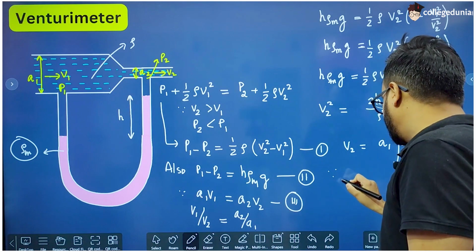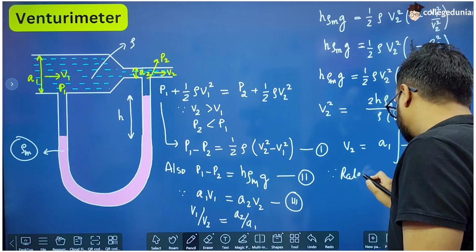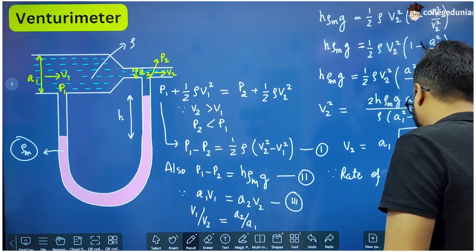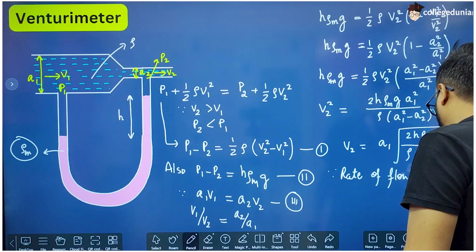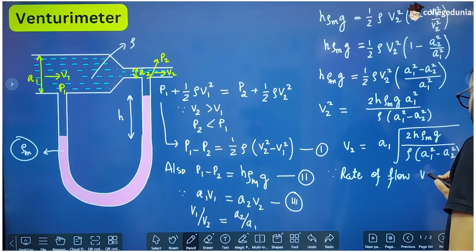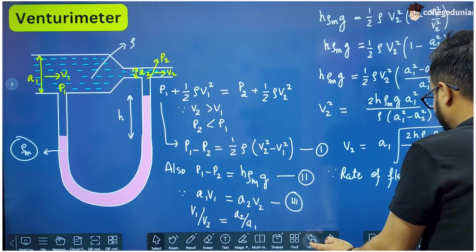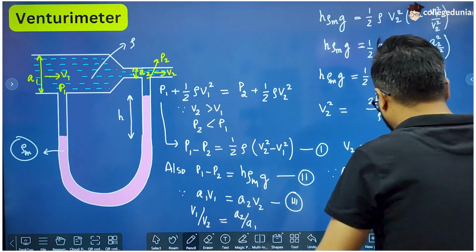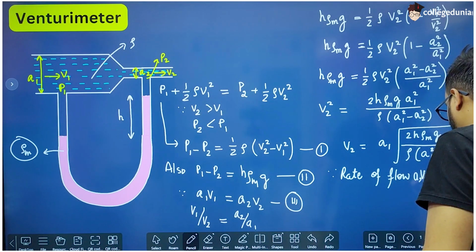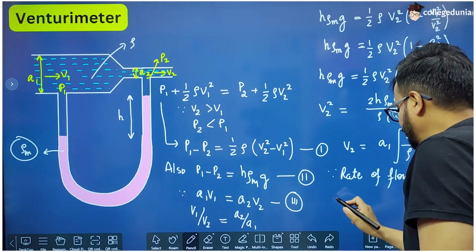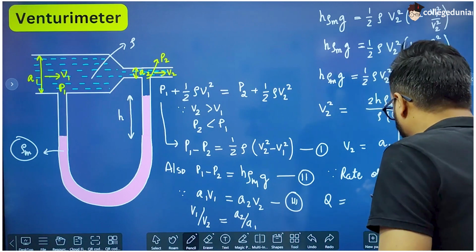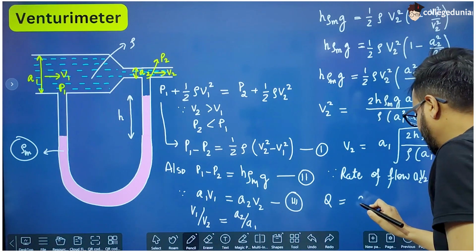And since the rate of flow is A2 into V2, and we know the value of V2, what is the rate of flow Q? Just multiply this by A2.